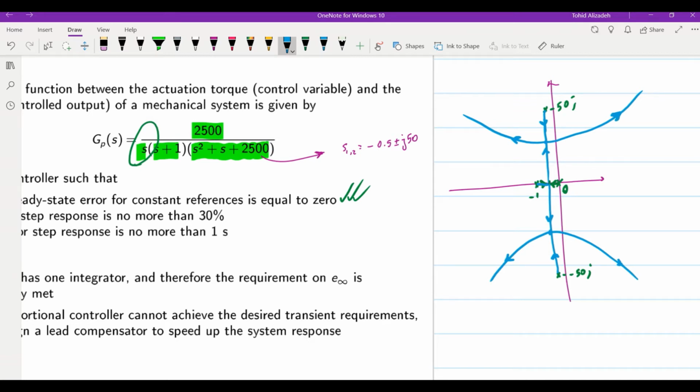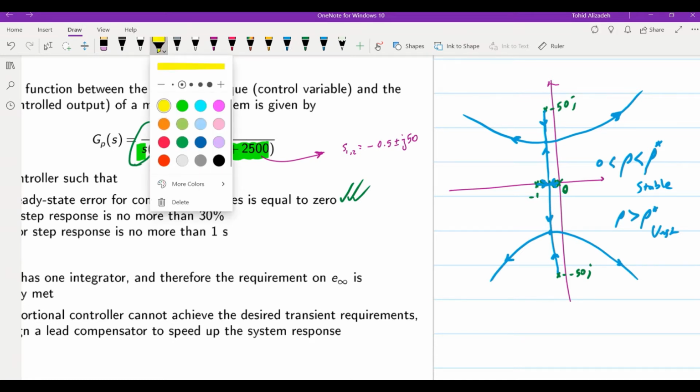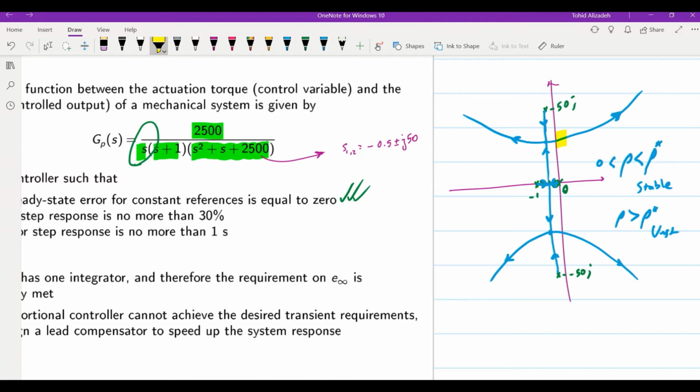You can see that for rho between 0 and let's say rho star, the system will be stable. For rho bigger than rho star, the system will become unstable, and that will happen over here. So we can't increase the value of the gain more than a given value.